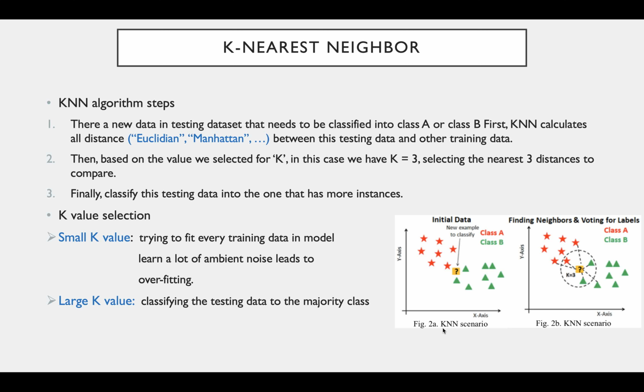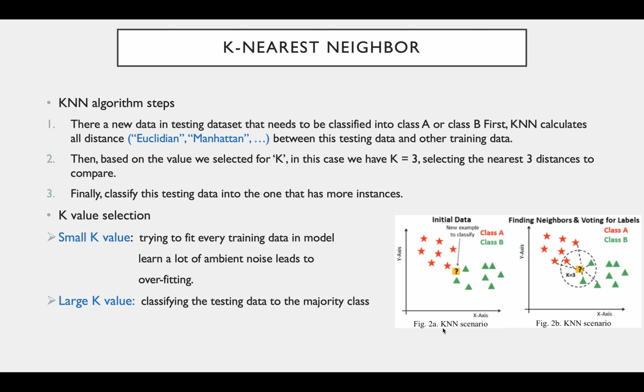So we are going to talk about the k-value selection. A small k value means that we are trying to fit every data point in the model, but this may lead to us learning a lot of ambient noise that may lead to overfitting.